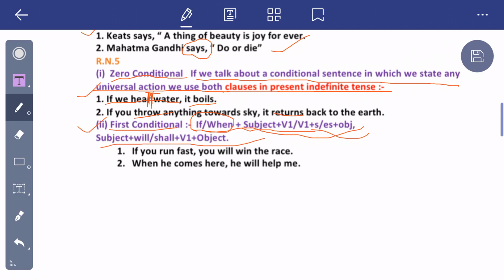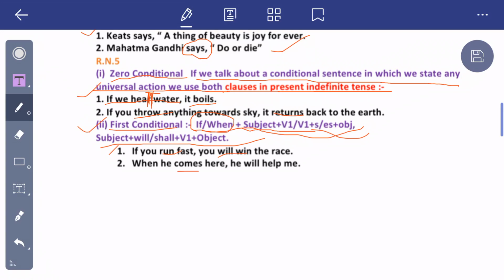Look at the first sentence. If you run fast, you will win the race. Here run is the first form, and will win is the next. So you use the combination of present indefinite and future indefinite in the first conditional. When he comes here, he will help us.